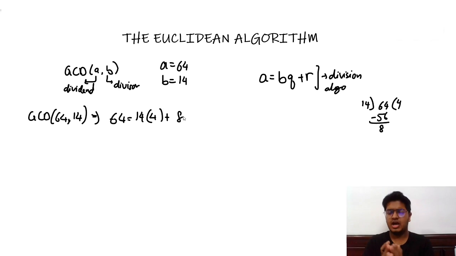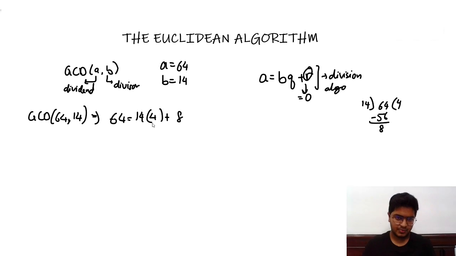Now we have done the first part of the Euclidean algorithm. We have to continue the same process until we get the remainder r as 0. We have got 8 over here, so we continue. What will be the new dividend and new divisor?